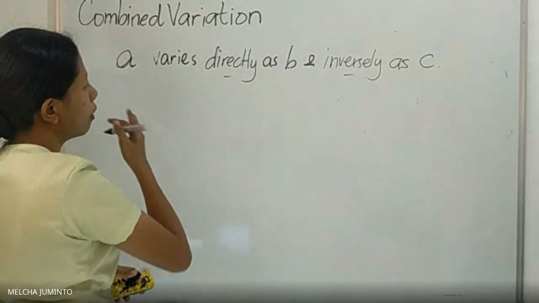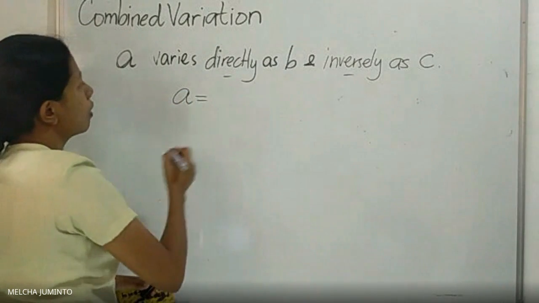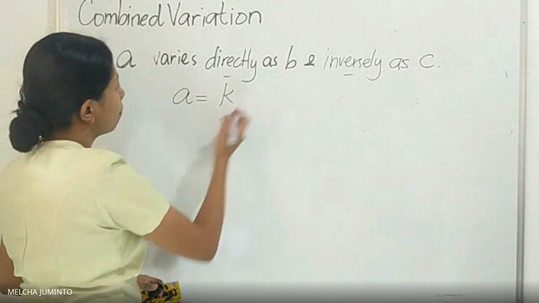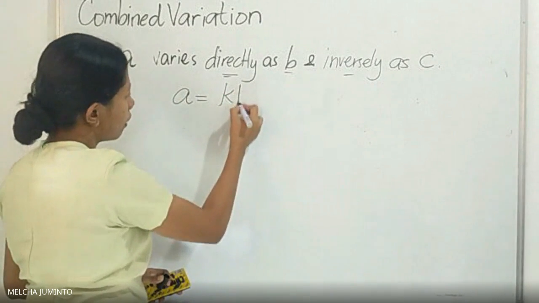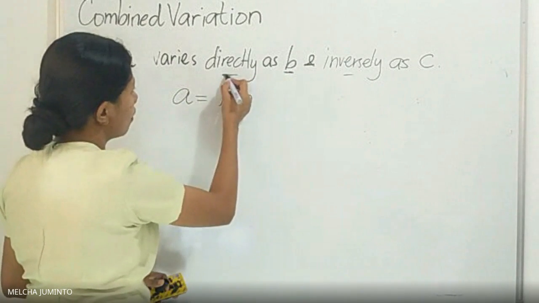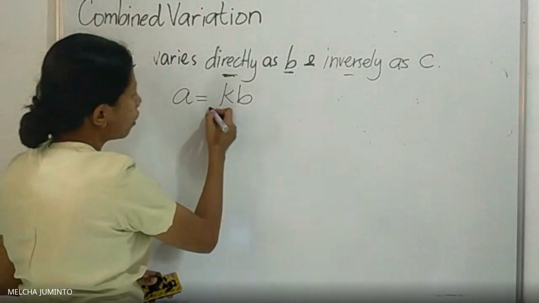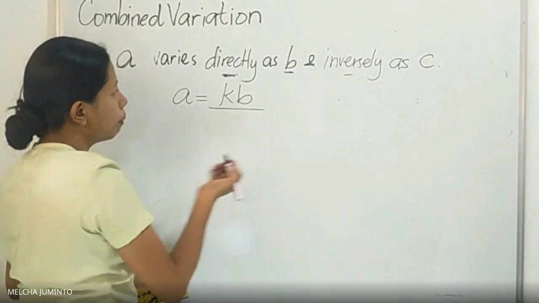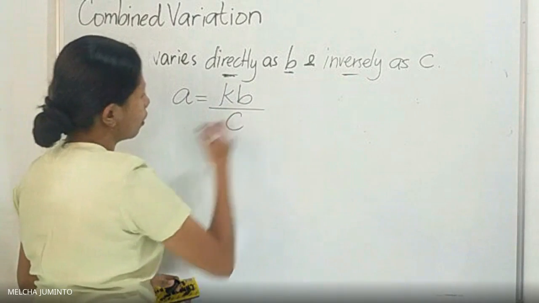So to find the mathematical statement, you start with A equals, then write the constant K. From the name directly as B, B should be beside K. The variable which varies directly with A should be in the numerator, while the variable that varies inversely should be in the denominator.